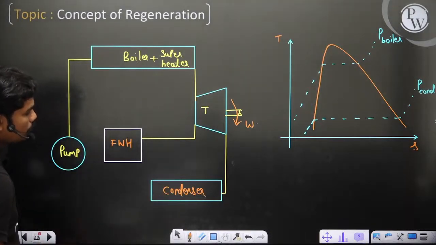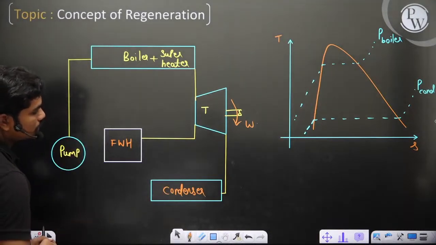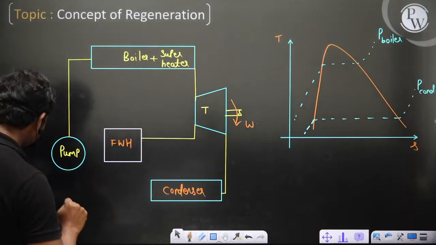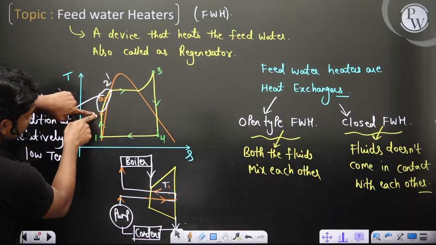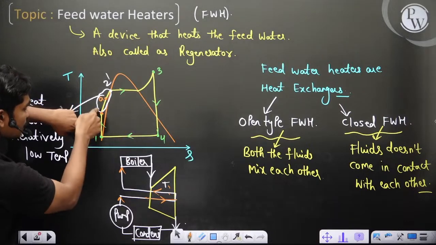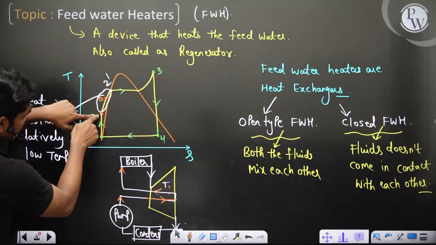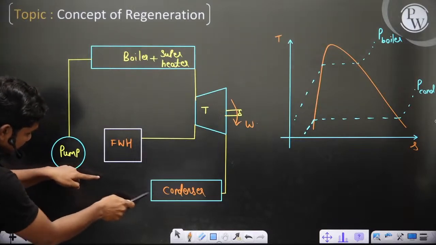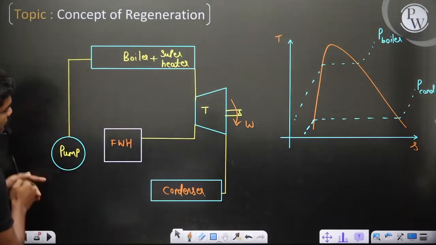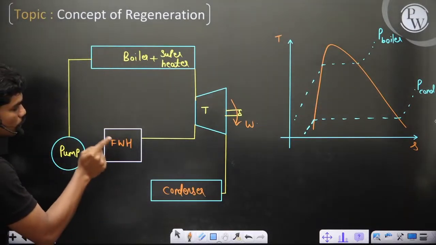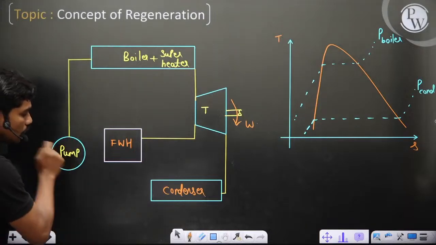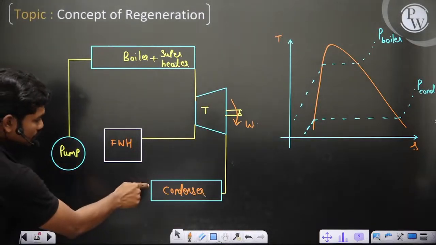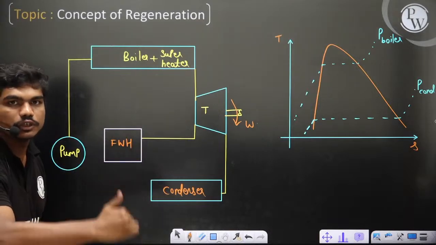Definitely the fluid which is coming out of the condenser should go inside this, yes or no? Because the fluid you're heating here is nothing but what is coming out of the condenser, and the pump is pumping it. If you want to take this temperature from 2 to A directly, instead of directly sending the condenser outlet into the pump, because nothing is heating here, before sending it into the pump you want to heat this fluid. So the condenser outlet, instead of going directly to the pump, should first go into this heater and the fluid should get hot.